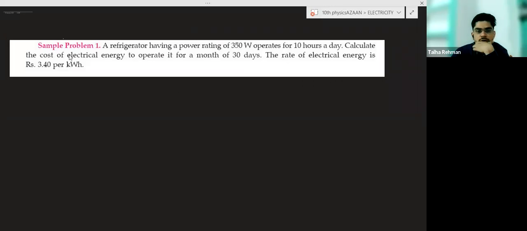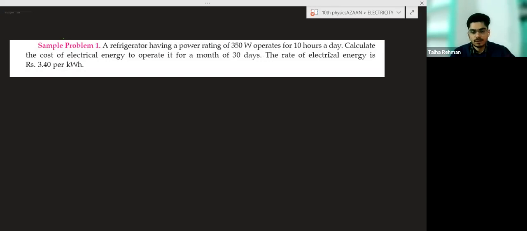See this question. A refrigerator having power of 350 watt operates for 10 hours a day.